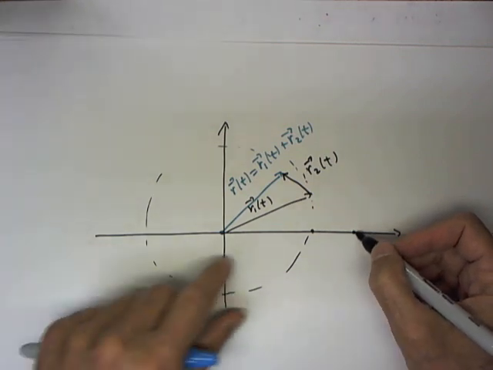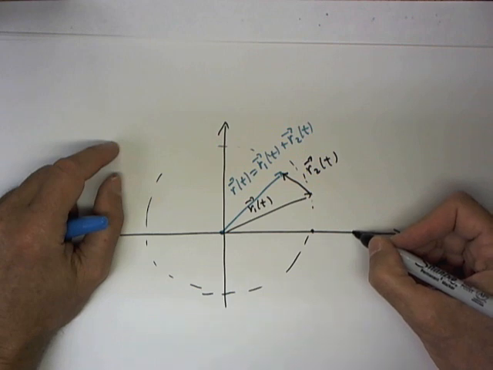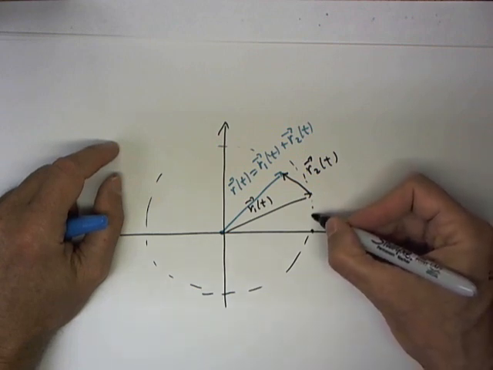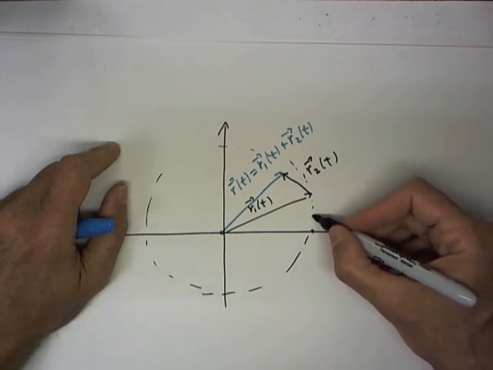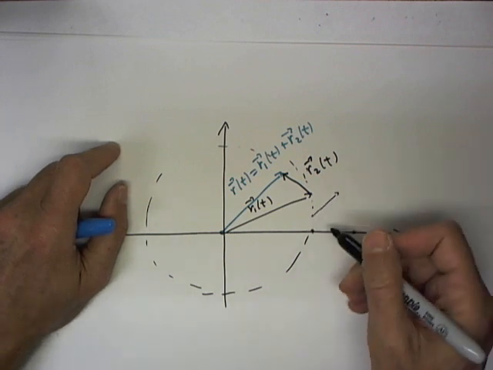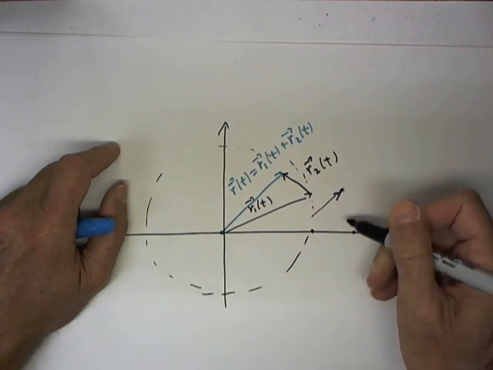Now if the larger disk rotates slowly, what's going to happen? Well, the r1 point might come out to here, and the r2 vector might have already rotated to here. So now we'll be at this point.